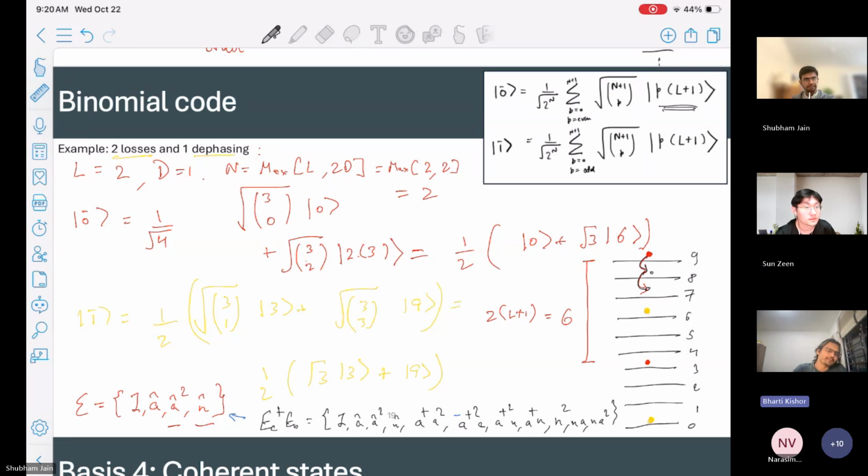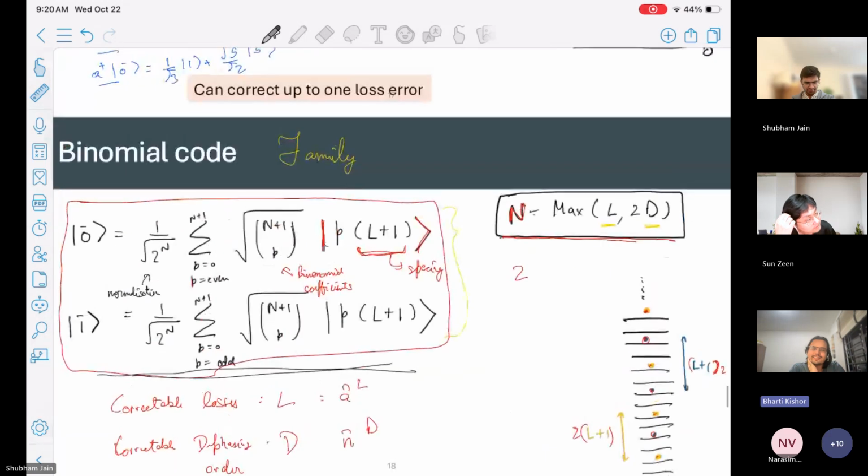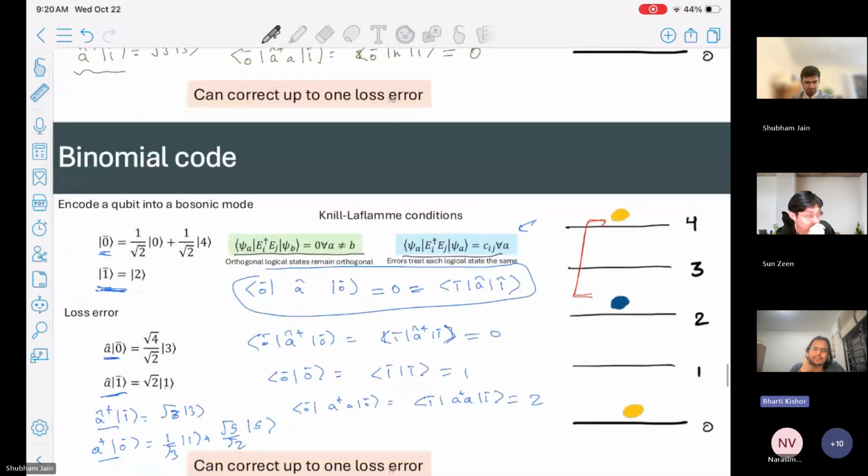Shubham, maybe people have already worked on it, but think of the first binomial code that you presented. That's very classical in nature, in the sense that it's a bit more like a repetition code, it just protects against a single kind of error.